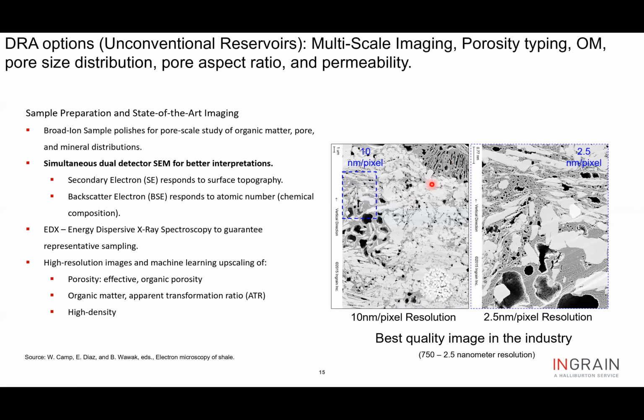So this rock has pores inside the organic matter as well as pores inside the intergranular spaces, right? Two different scales are showing. This is a little bit coarser scale of 10 nanometer per pixel versus 2.5 nanometer per pixel. Depending on how small the pores are, we may even go up to 1 nanometer per pixel as well.